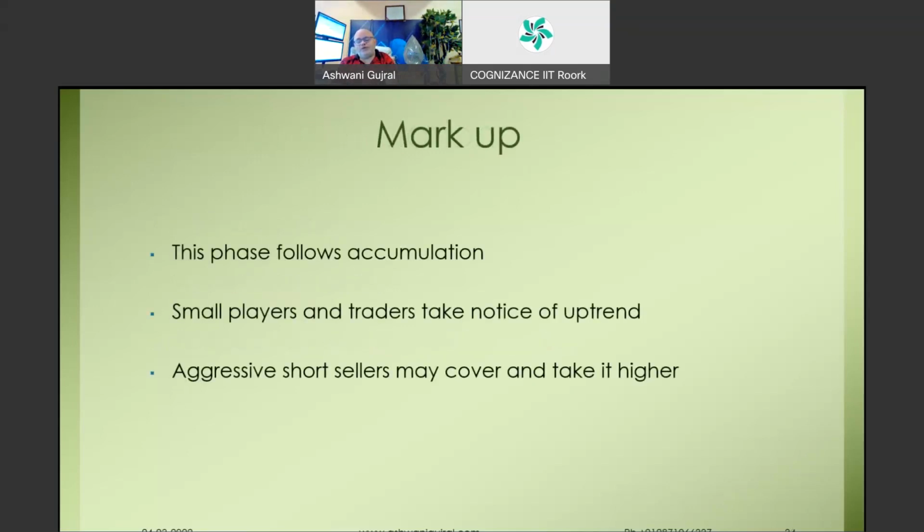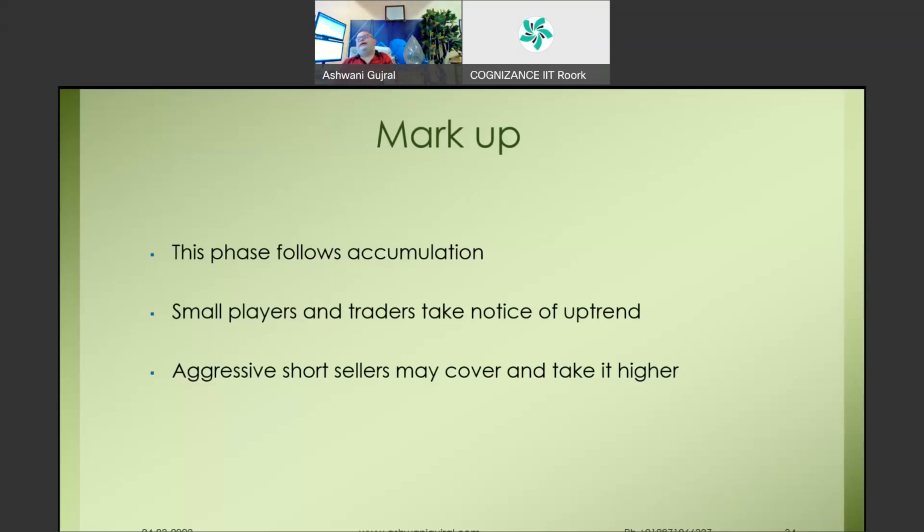Markup phase is what follows accumulation. Small players and traders take notice of the uptrend and they jump on board. Aggressive short sellers are forced to cover, and that further fuels the uptrend.